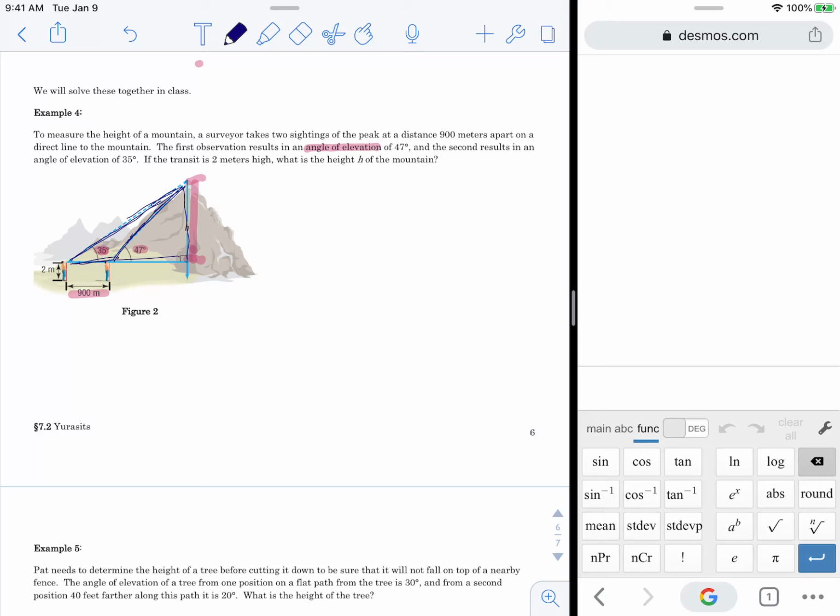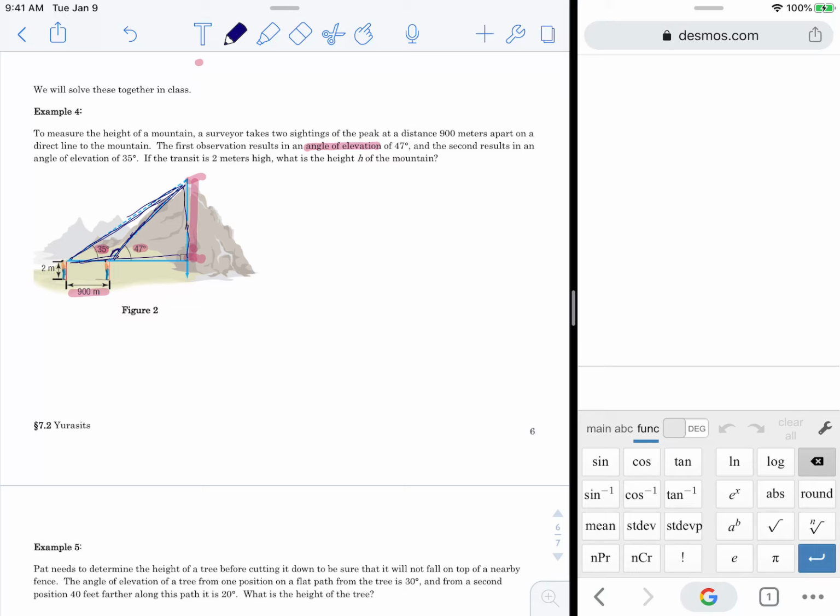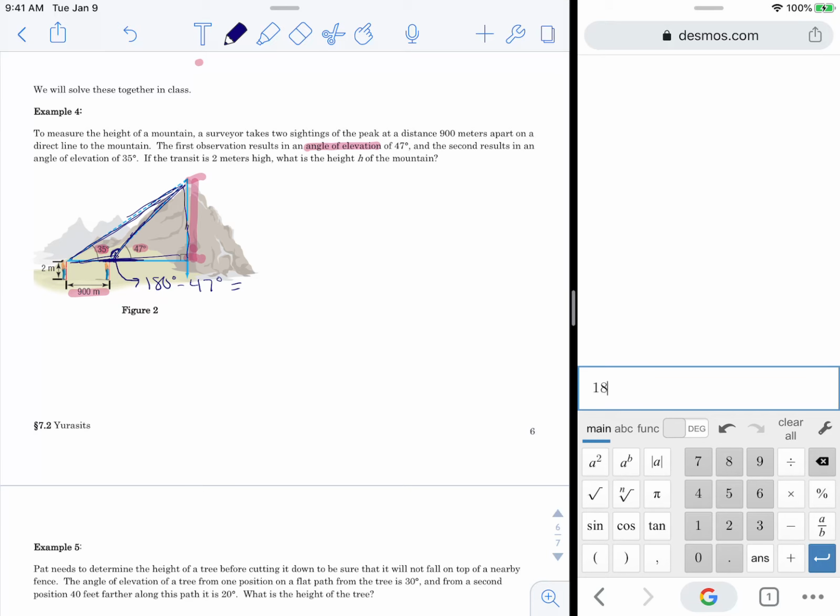So if I know that's 47 degrees, and we talked about this in class, then this angle right here has to be 180 take away the 47 degrees, because this piece right here is a line, right? So if I go to my calculator, and as a math teacher I should do this in my head, I get 133 degrees.